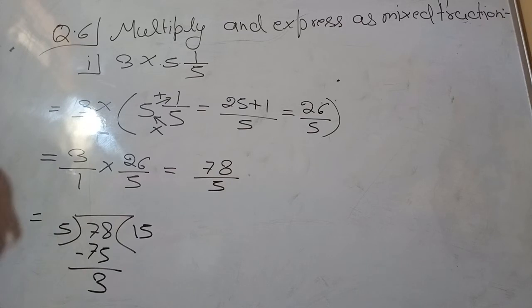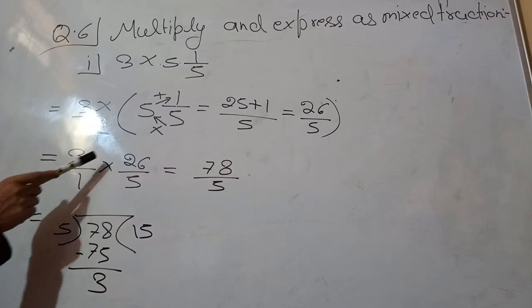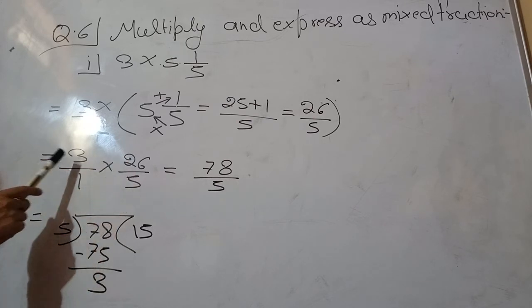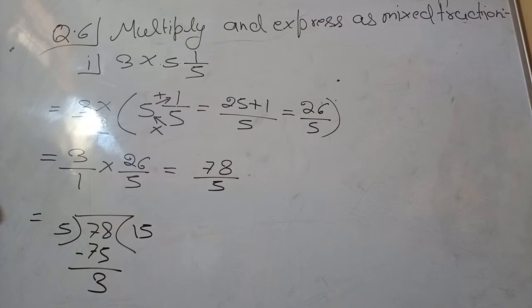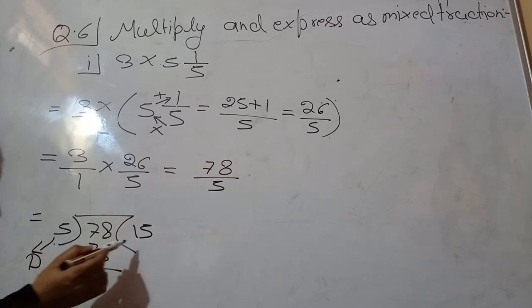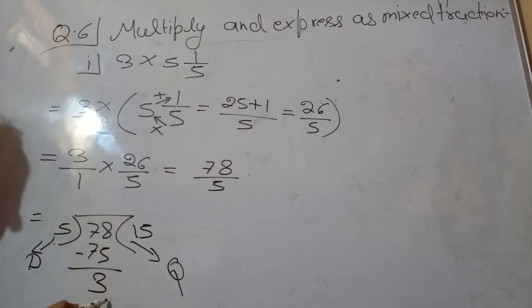So what is the resultant after solving the mixed fraction? 26 by 5. Now 3 by 1 multiplied by 26 by 5. 26 3s are 78 and 5 1s are 5. Now next step for converting it into mixed fraction, we have to divide 78 by 5. Okay, and this is called divisor, this is called quotient, and the term which is remaining left is called remainder.